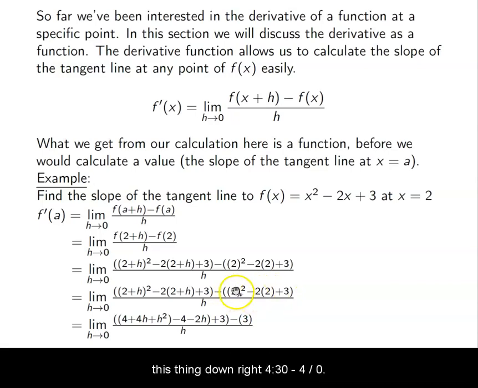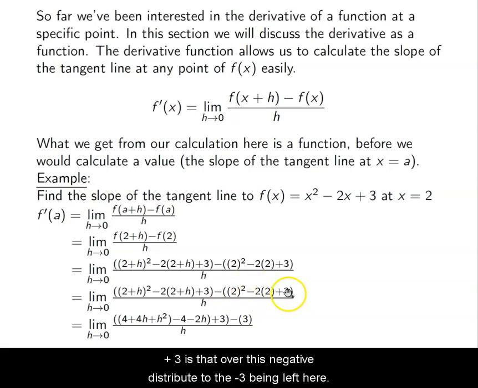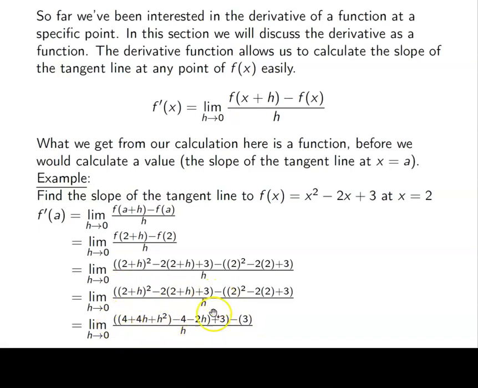I have 4 minus 4, so that's 0, plus 3 is left over. This negative distributes, so it's a negative 3 being left here. And then here I have my perfect square inside of my bigger polynomial. Okay, so finish simplifying this down. This 4 and this negative 4 are going to cancel. This 4h and this negative 2h will combine to be just 2h, and this 3 and this 3 cancel out.